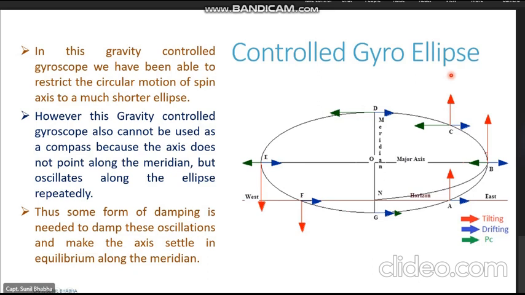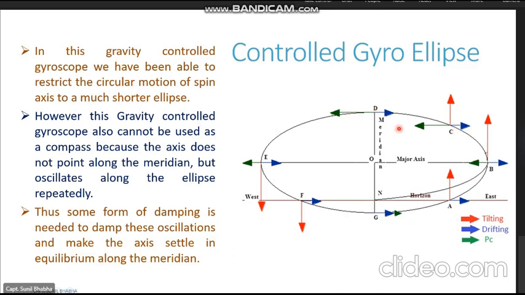The beauty of this motion is that as the spin axis moves now under the effect of these three forces, you will see after about 3 oscillations, it is going to come back to the same elliptical path. So wherever you take it, you disturb it and you take it someplace else, it is going to oscillate and come back to the same elliptical path.